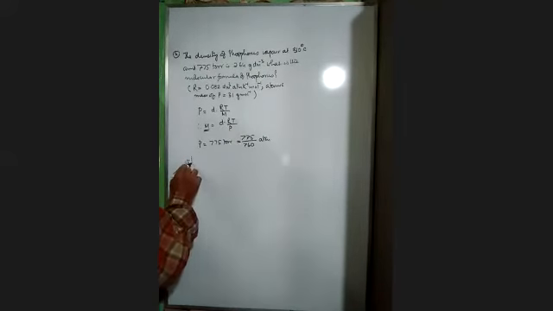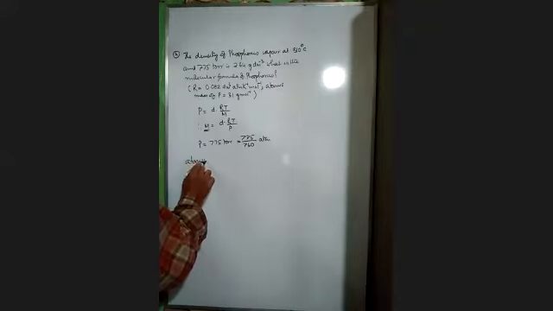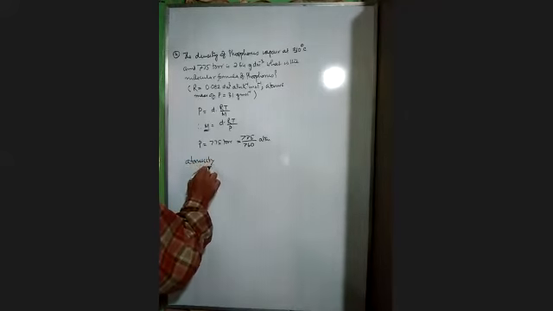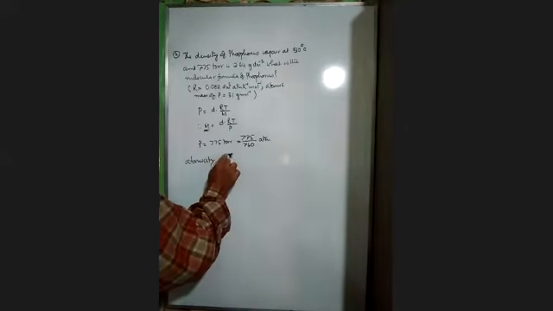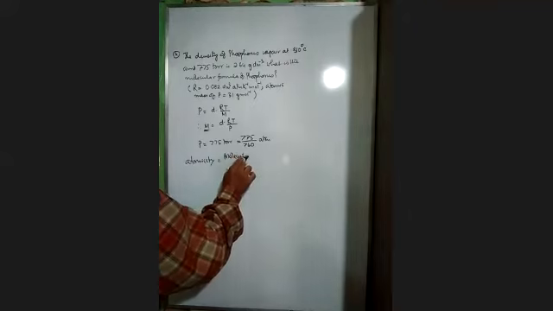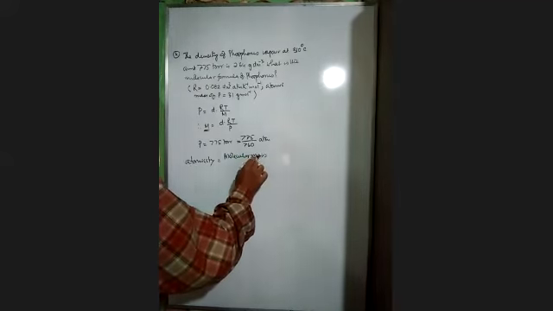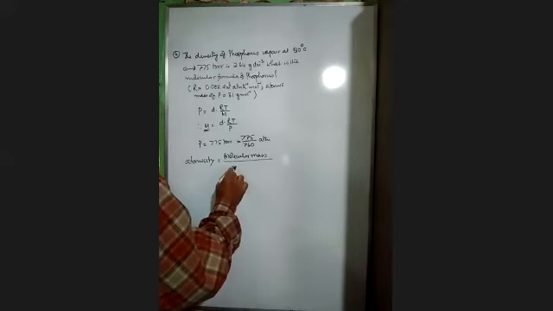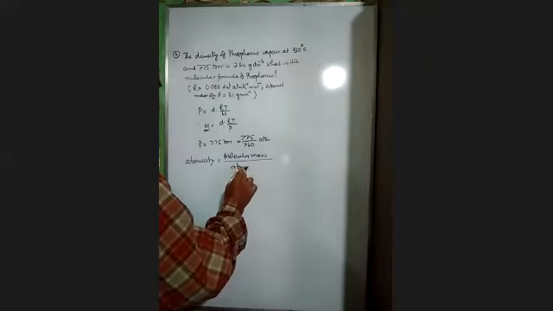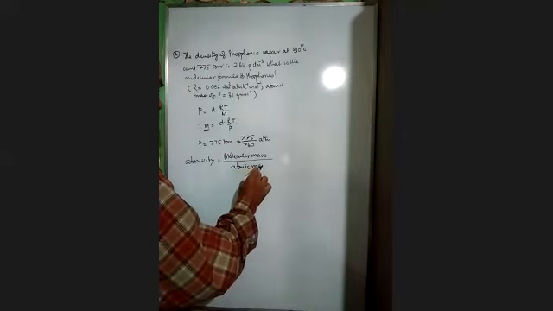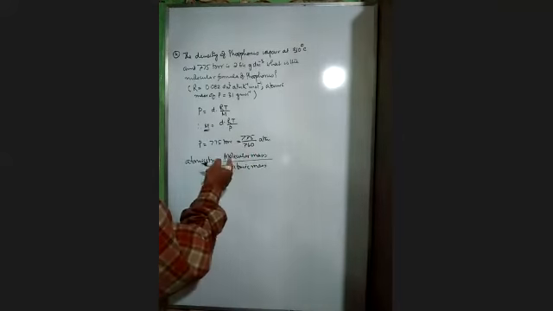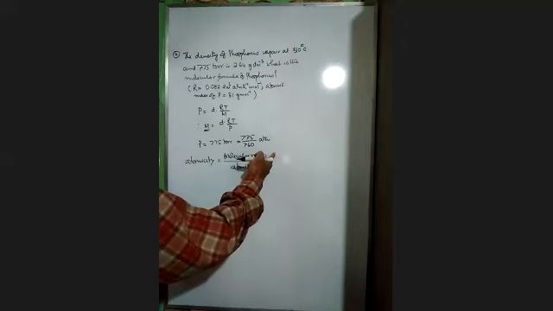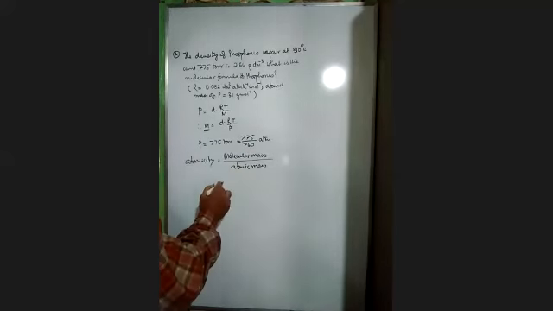Atomicity is equal to molecular mass divided by atomic mass. So put the value of molecular mass and atomic mass and get it.